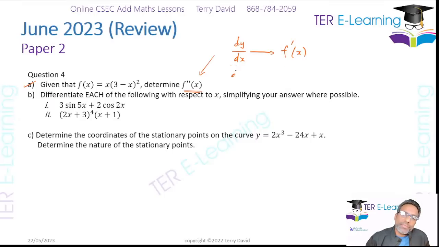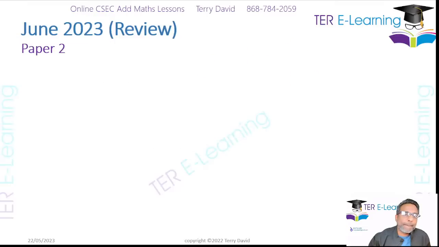If I want to work out my second derivative, which is d2y/dx squared, that's going to be written as f double prime. Some students didn't realize that's what they were being asked to work out in this particular case.